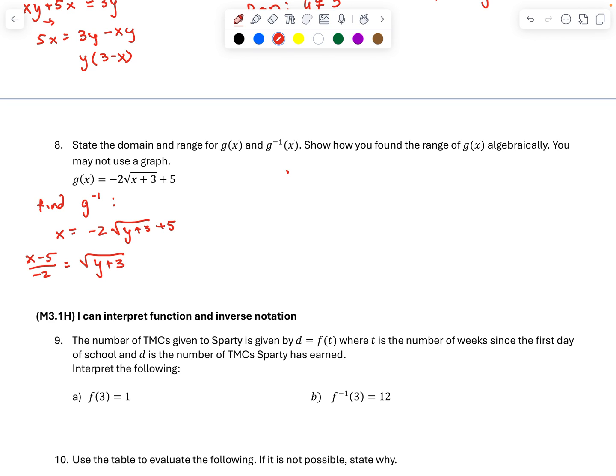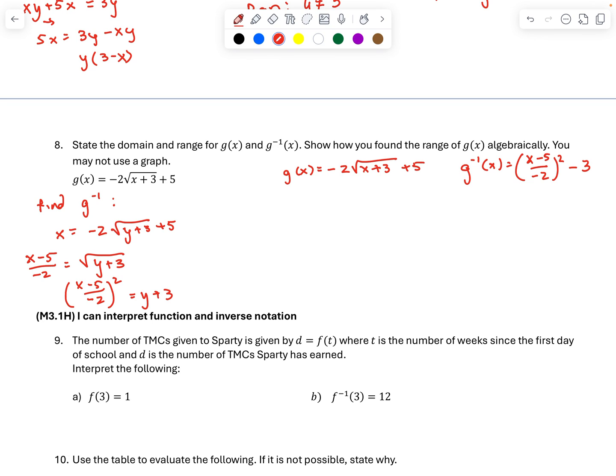Okay, so g of x is going to be, and g inverse, let's see, we just need to square and then subtract 3. Sorry, -3.